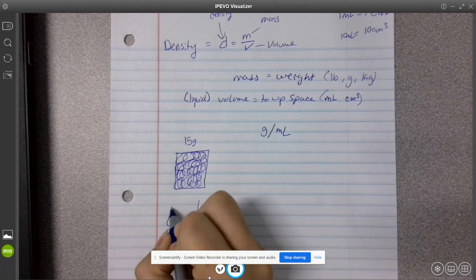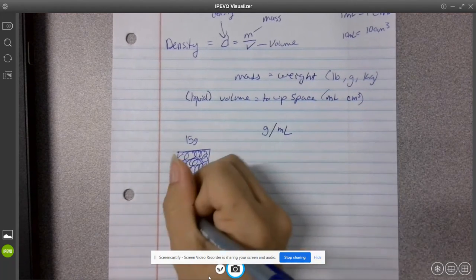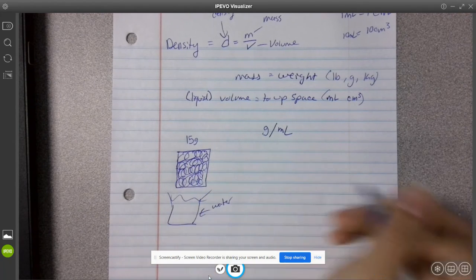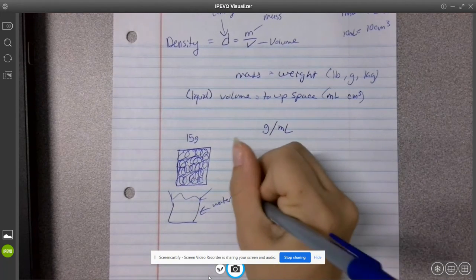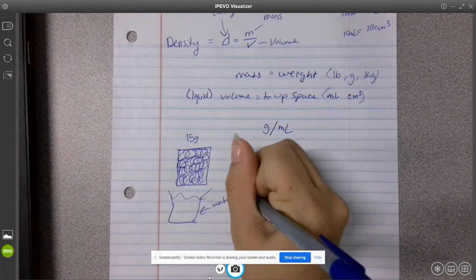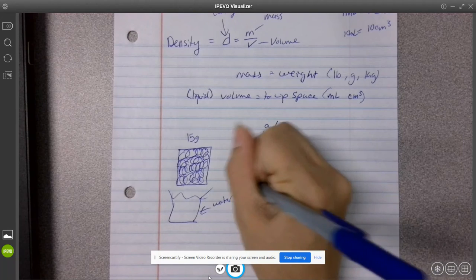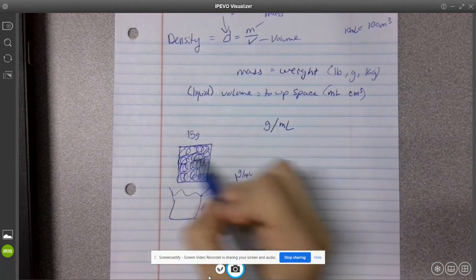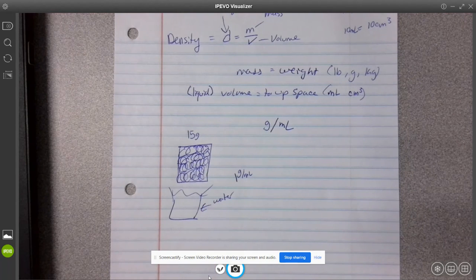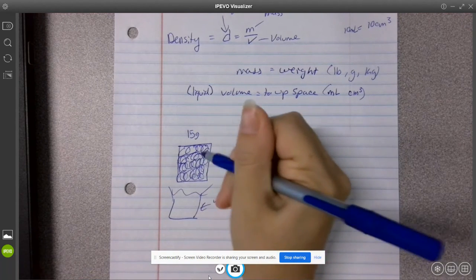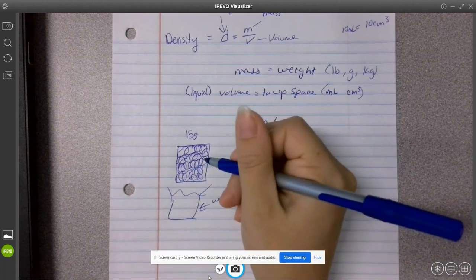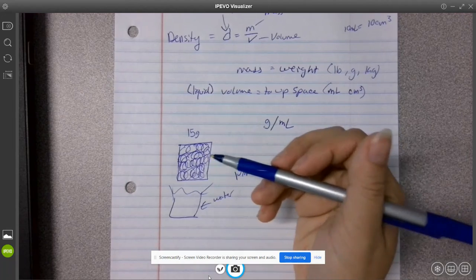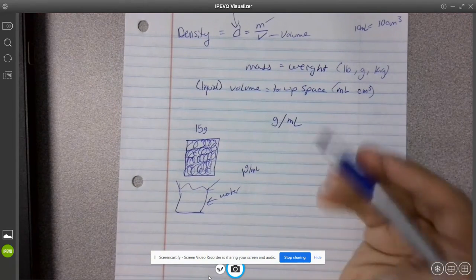I'm going to then put it into a beaker that is full of water. Water likes to have a density of 1 gram per milliliter. So this weight, with it being a nice solid 15 grams and it's very dense on the inside, we know that this particular box will sink. It's almost like a rock. A rock in water, it sinks.